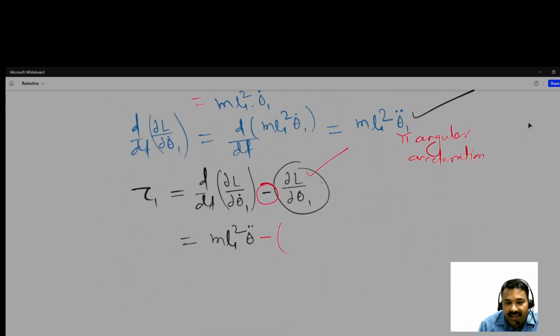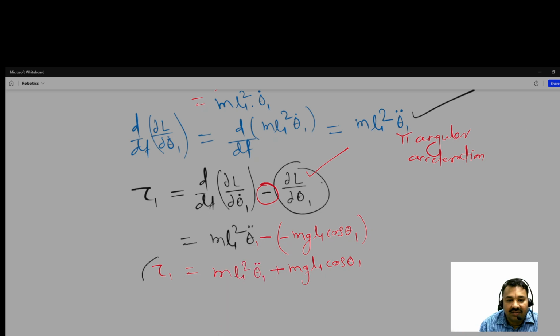So it is equal to m L square theta 1 double dot plus, positive, mg L1 cos theta 1. So this is tau 1, and this is the required equation.